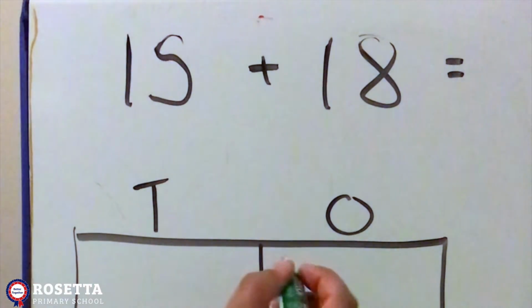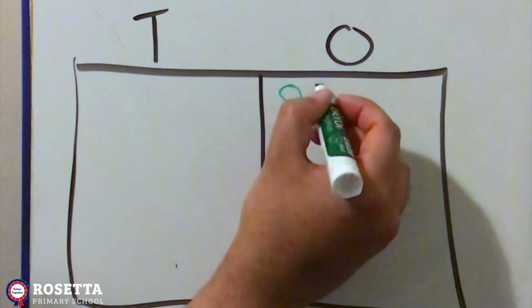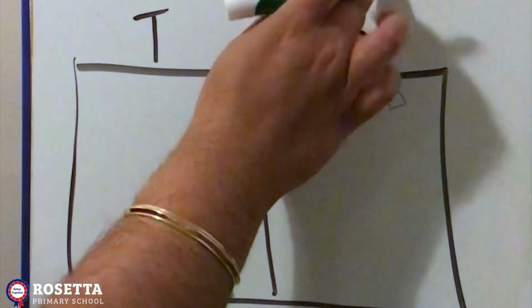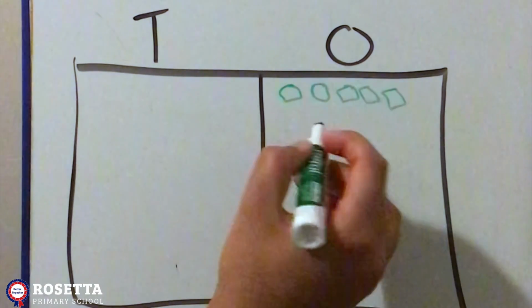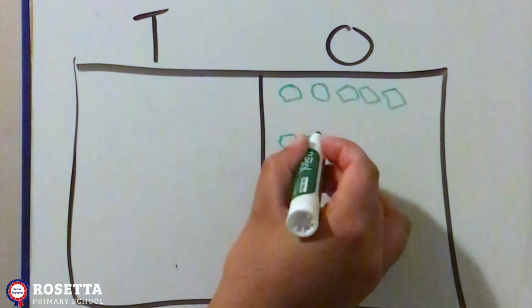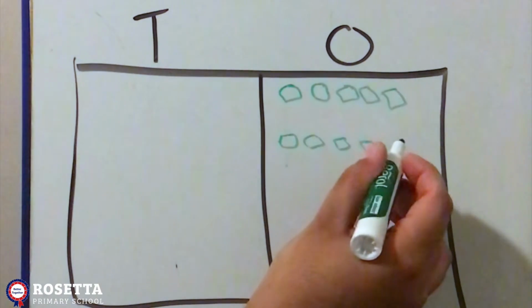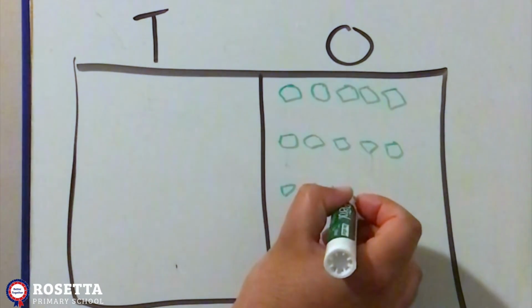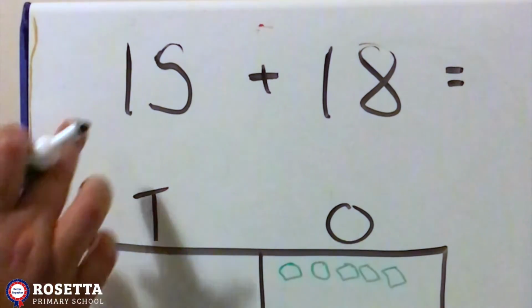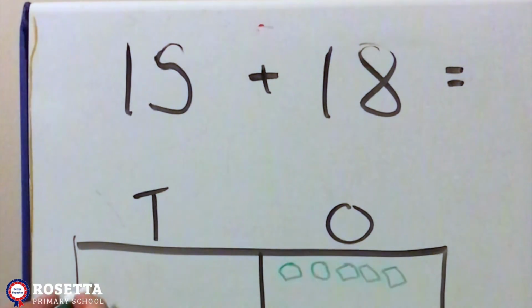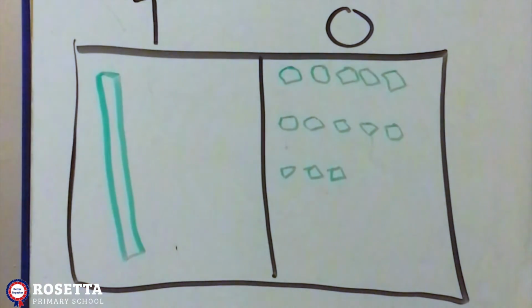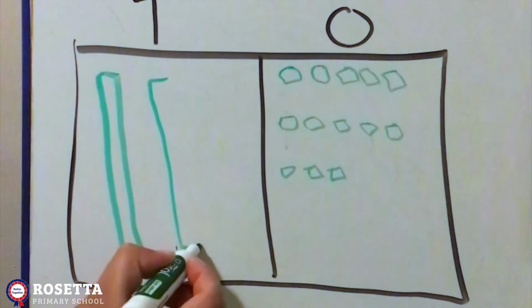So first, we've got 5 ones. How many ones over here? Well done, so now I need to draw my 8 ones. Sorry about my squares, they're a bit dodgy. And then how many tens do we have? Well done. So is that enough? Well done, one more. So we've got 2 tens.